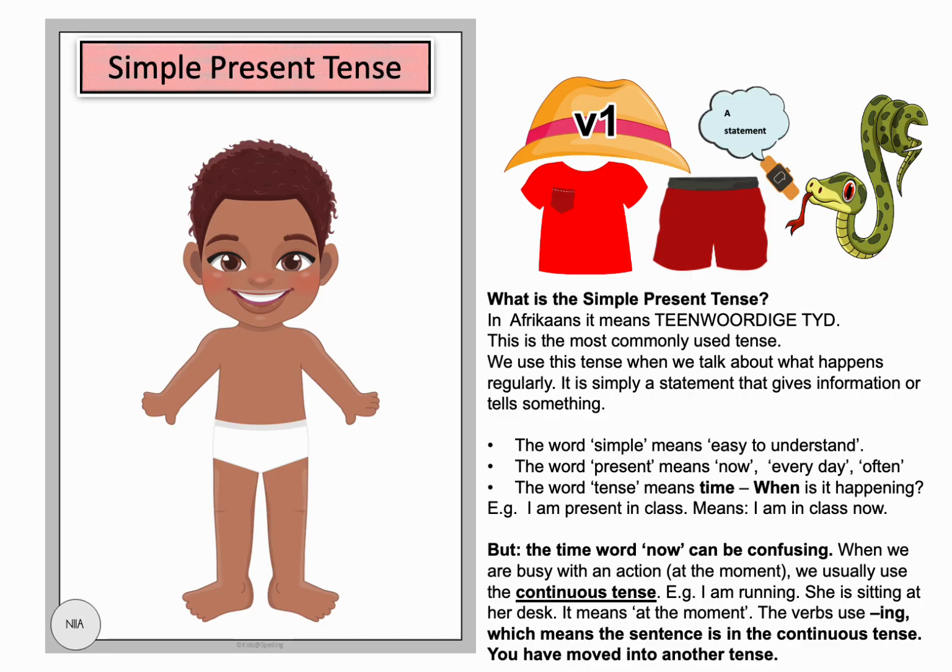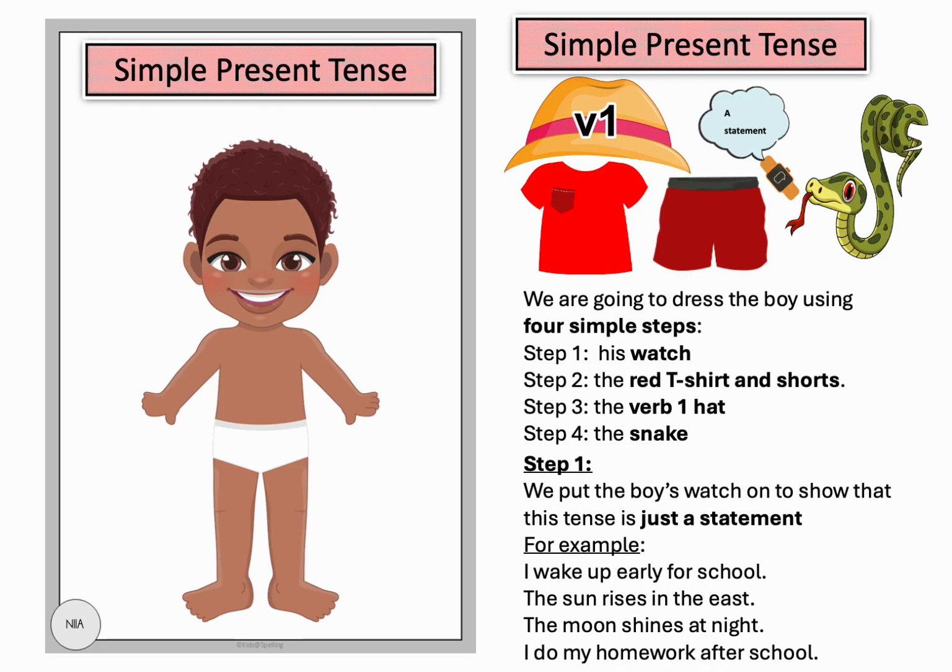You have moved into another tense. That is why you need to be careful not to teach children simple present tense is today, now, because most of those sentences will be in the continuous tense. For simple present tense, it is a statement.